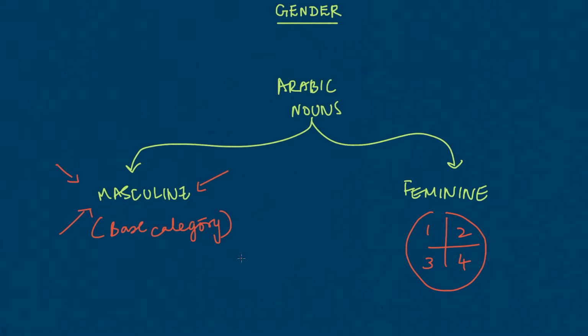So to get started, let us look at some examples for masculine nouns. We have the word sabil, which means way.